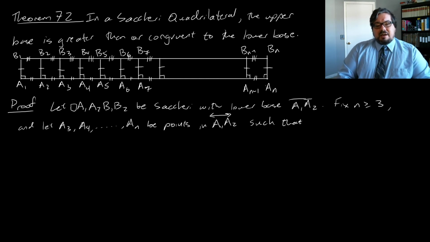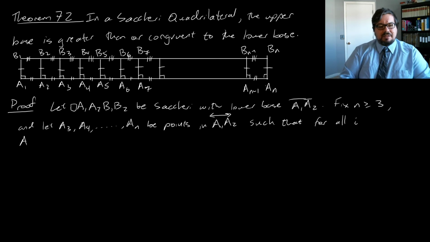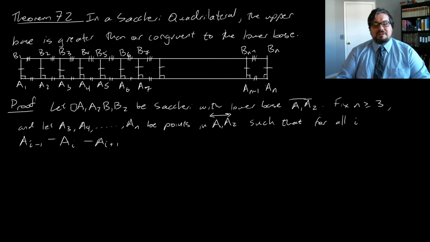We need to make sure that they all lie in order like this. So in particular, we want to make sure that for all I, we have that AI minus 1 to AI to AI plus 1. So we need to make sure that the betweenness relations, as we've sketched out in the problem here, are all maintained.